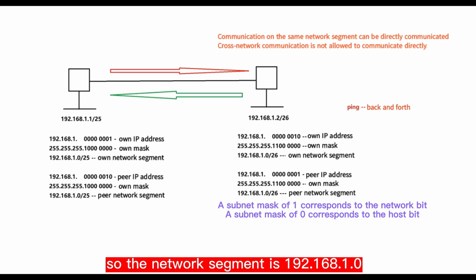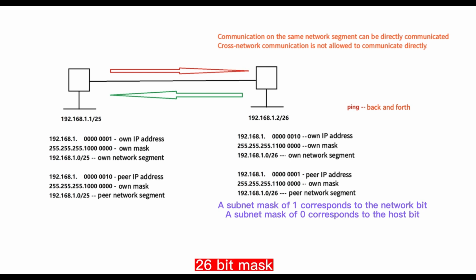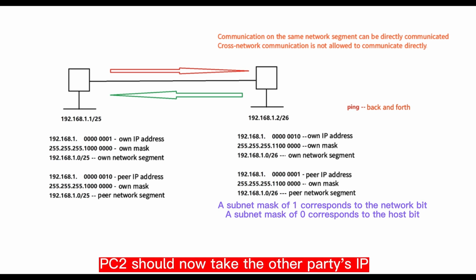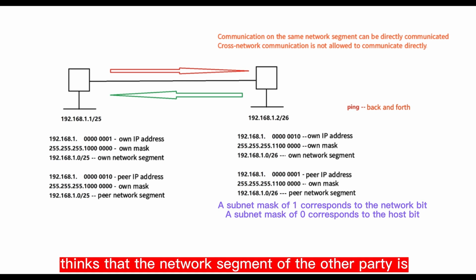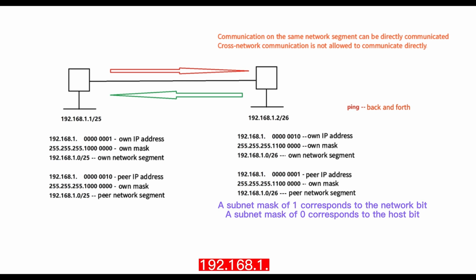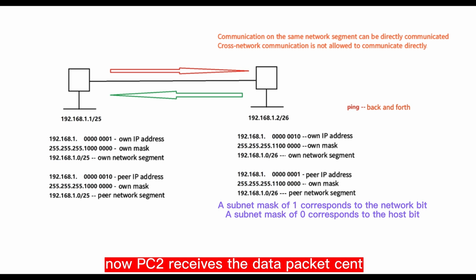So the network segment is 192.168.1.0, 26-bit mask. PC2 should now take the other party's IP, 192.168.1.00000001, and calculate with itself. PC2 thinks that the network segment of the other party is 192.168.1.0, 26-bit mask.